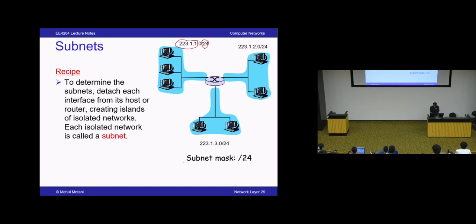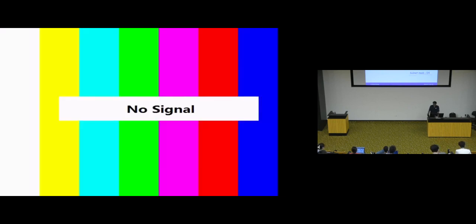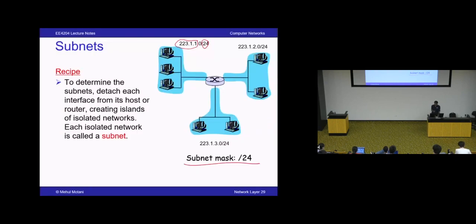And this 24 here is what's called the subnet mask. Okay? So in this 3 subnet network, we have a 223.1.1 subnet, 223.1.2 subnet, and 223.1.3 subnet. Okay? So this is just some terminology. Okay, everybody good with this?